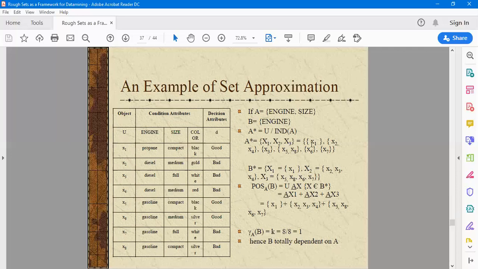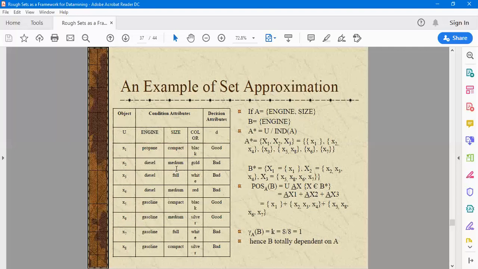Here X1 is dominant on engine and size. So if you say engine and size for propane, over here on propane there is only one, so there will be only one member. If you consider X2, X2 will be on diesel and medium. Diesel and medium, diesel and full, this is again a different combination.